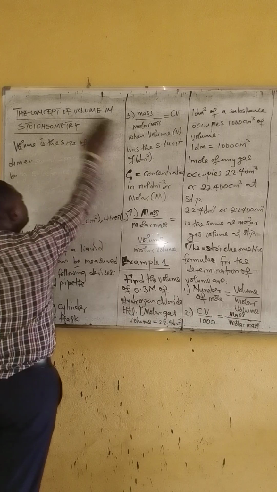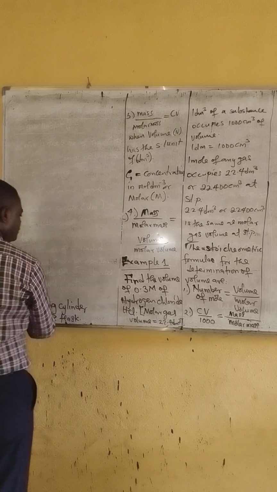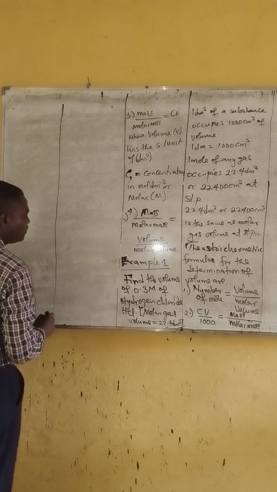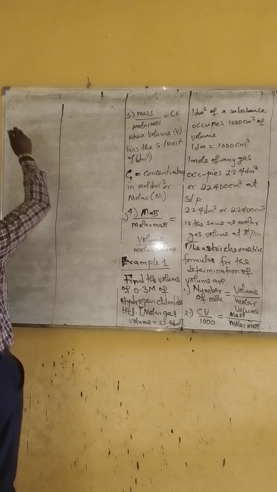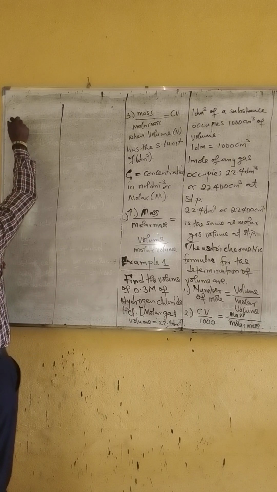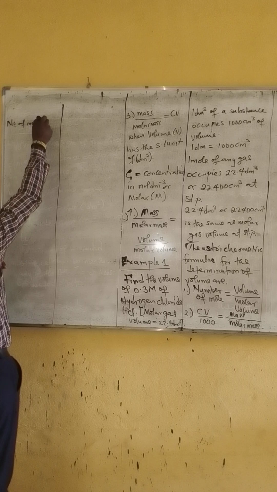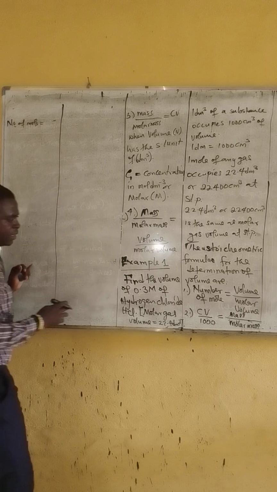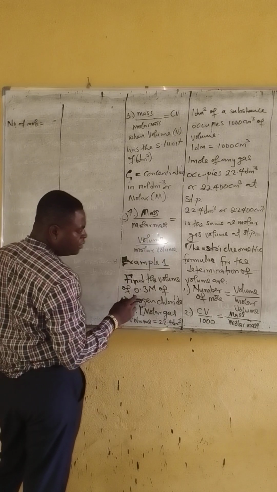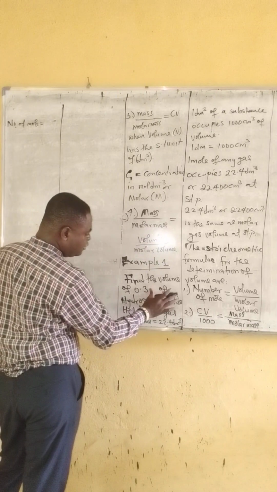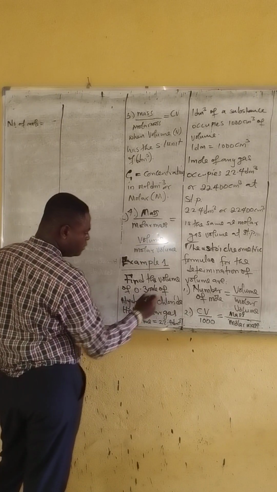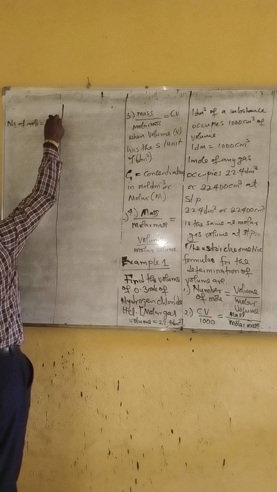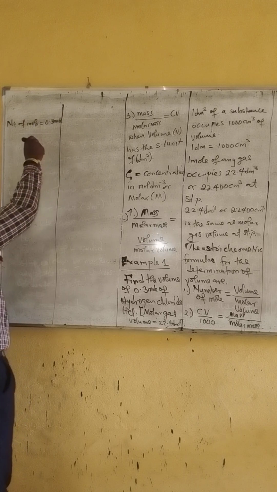Now what do you do to solve this problem? To solve this, your number of mole has been given to be 0.3 mole.